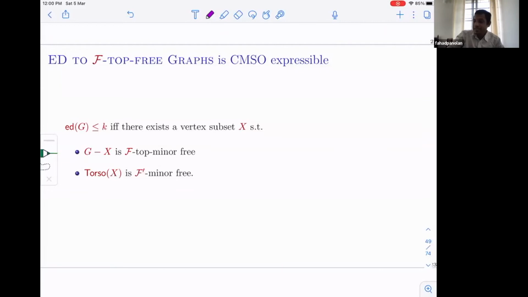It says that the elimination distance is at most k if and only if there exists a vertex subset X such that the first property is the same, and G minus X is F prime topological minor free. That's the only difference. As I mentioned, F prime will depend on k.